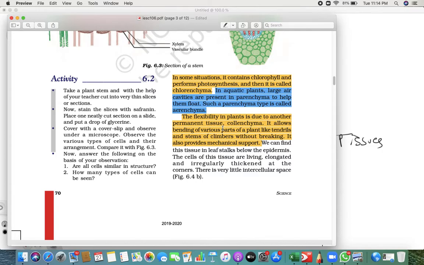Now we can find this tissue in the leaf stalk also, below the epidermis, right? Also the cells of this tissue are living, elongated and irregularly thickened. Irregularly thickened means it's not thick everywhere, and it has very little intercellular space. Did you get what I said?